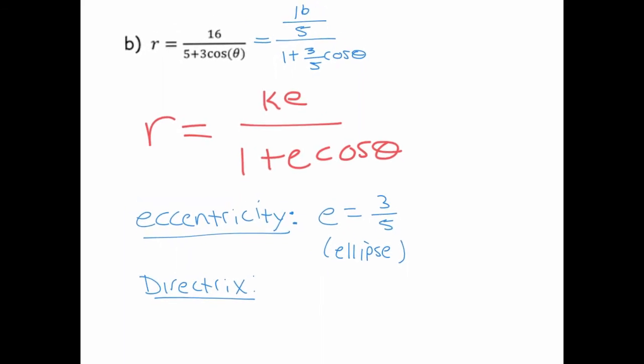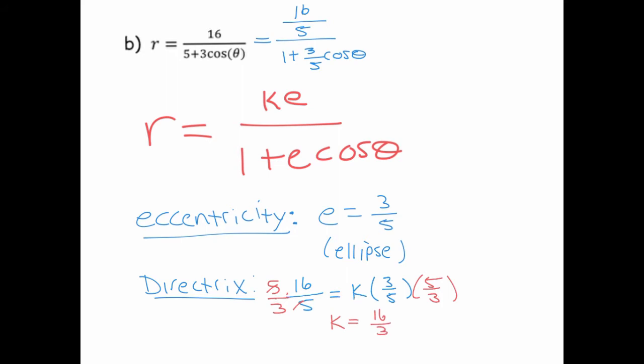Now, the numerator should be expressed as k times e, so we know that 16/5 is equal to k times e, but we know that e is 3/5. So, if we just multiply both sides by 5/3, we get that k is equal to 16/3.